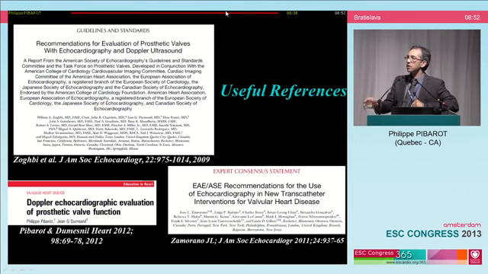The only limitation is that sometimes, especially the pre-discharge echo following surgical AVR, the measurements of the AOA may be challenging because the patient is often hyperdynamic and the acoustic window is not good, and therefore it might be difficult to have a good measurement of the LVOT diameter. And so in this case, the predicted AOA may be useful to have a first idea.